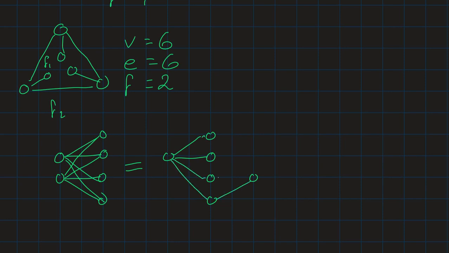So I redraw it like this. Now I can calculate the number of faces. Let's just begin with the vertices. I see 6 vertices. Edges, I see 8. And faces, I see F1, F2, F3, F4. So I see 4 faces, like this. And this is how you calculate the number of vertices, edges, and faces.